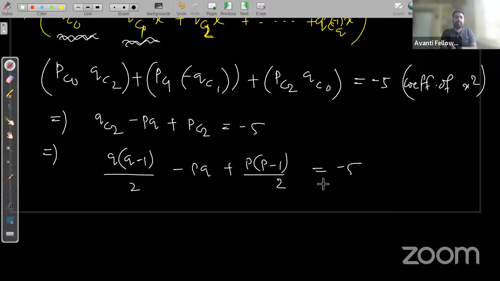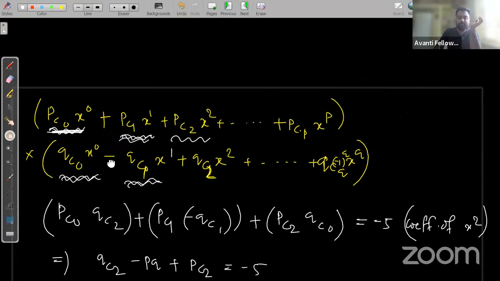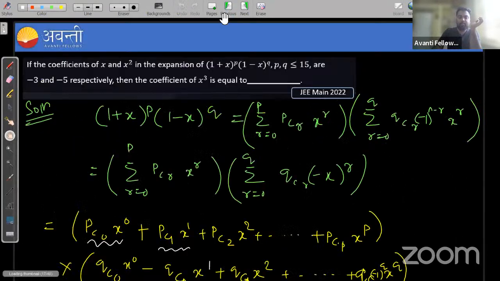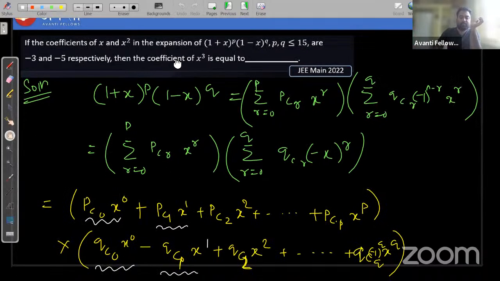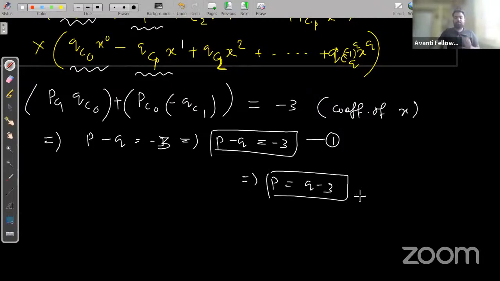Right? So from the first result we already have P is equal to Q minus 3.